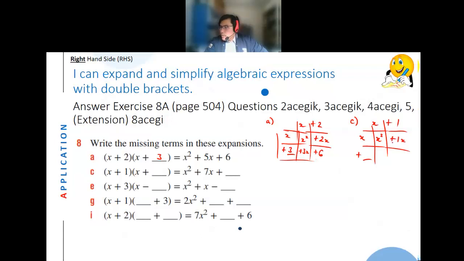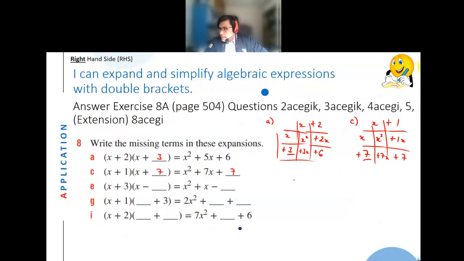And we know that we want plus 7x. Whatever this number is, multiplied with x, is going to give you plus 7x. Well, that has to be 7, right? So that's going to be 7 there. And so plus 7 times plus 1, positive and positive, gives you a positive. 7 times 1 is 7. So that's going to be 7 there.